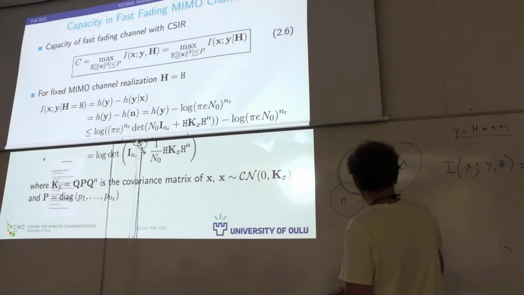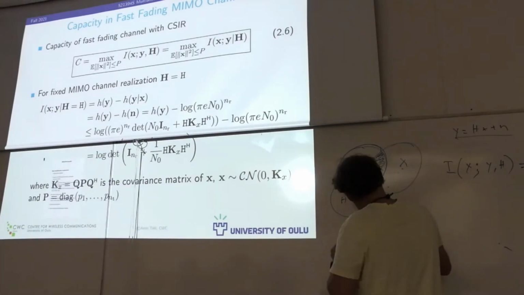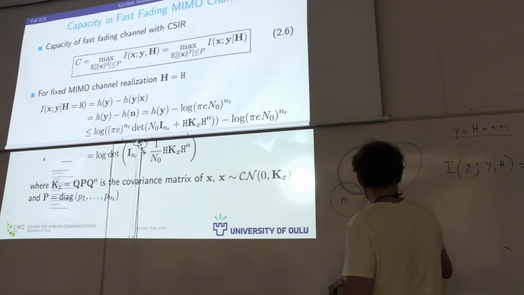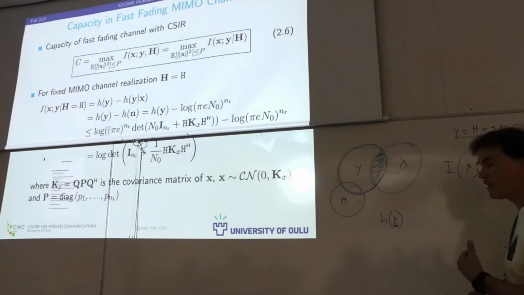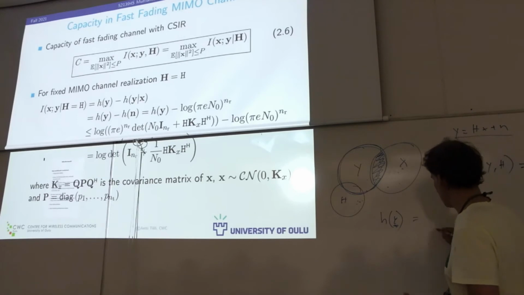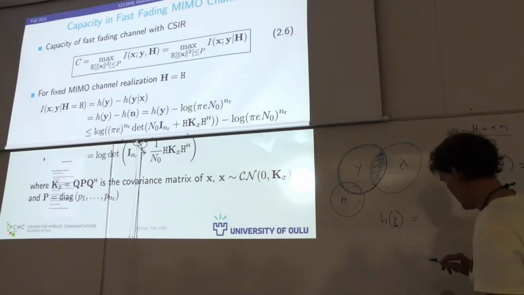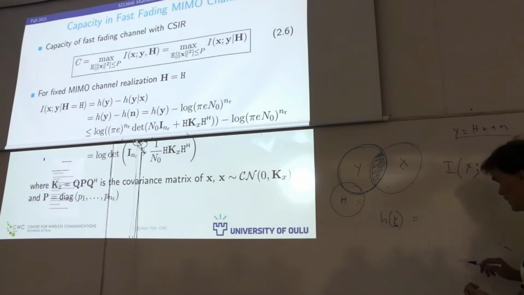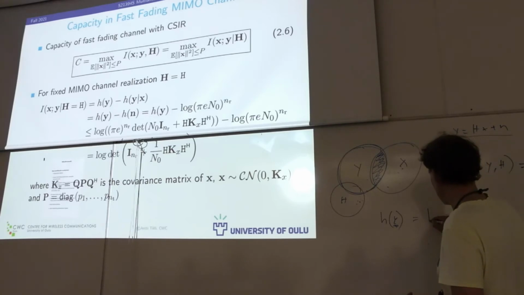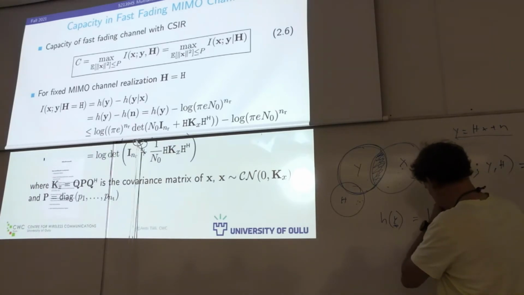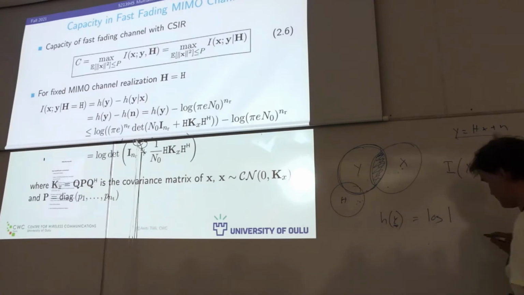How can we compute the differential entropy of a vector y? In general, the differential entropy of a Gaussian distributed vector y depends on its covariance matrix.